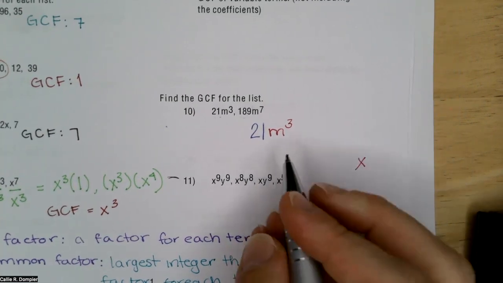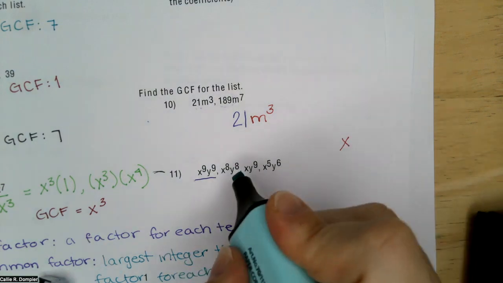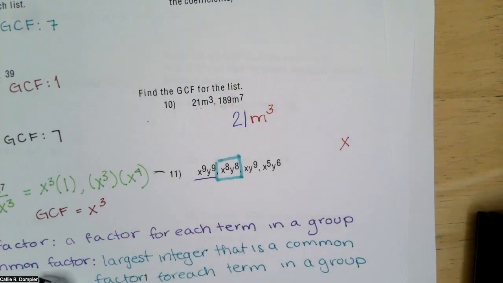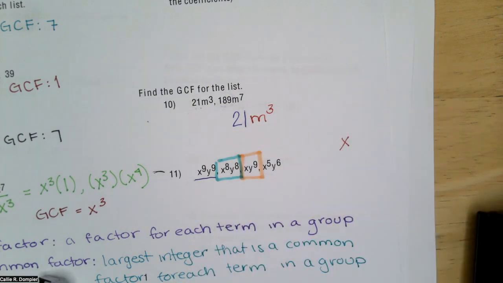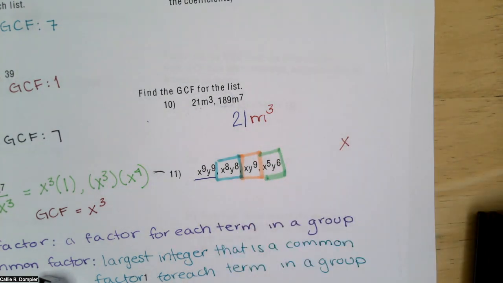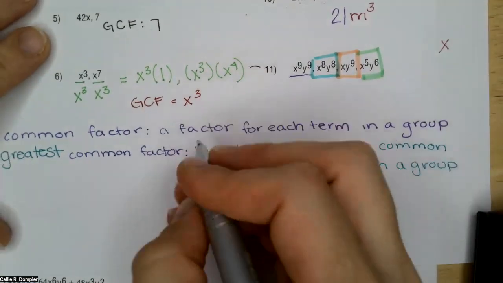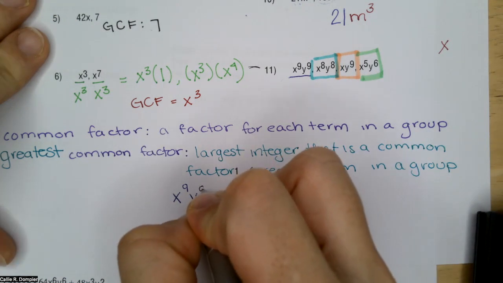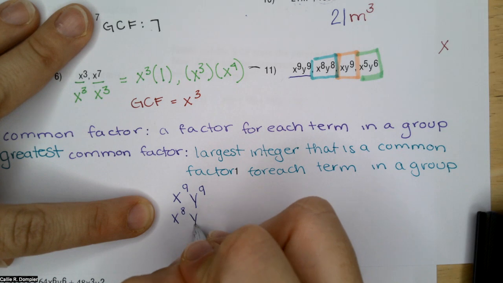All right, here we have, it's kind of hard to see. Here's our first term. Here's our second term. Here is our third term. And here is our fourth term. Good. So what we have is x to the 9th, y to the 9th, x to the 8th, y to the 8th.